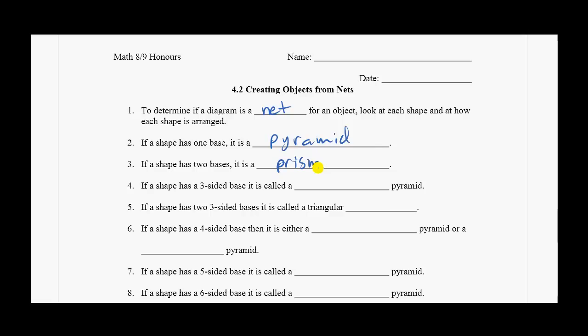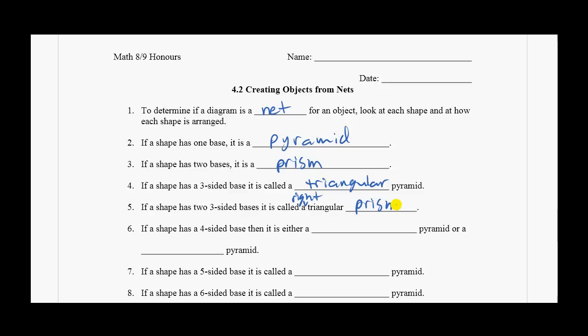If a shape has a three-sided base, so one base, it would be a pyramid, and it's three-sided, it is a triangular pyramid. If a shape has two three-sided bases, it is called a right triangular prism.